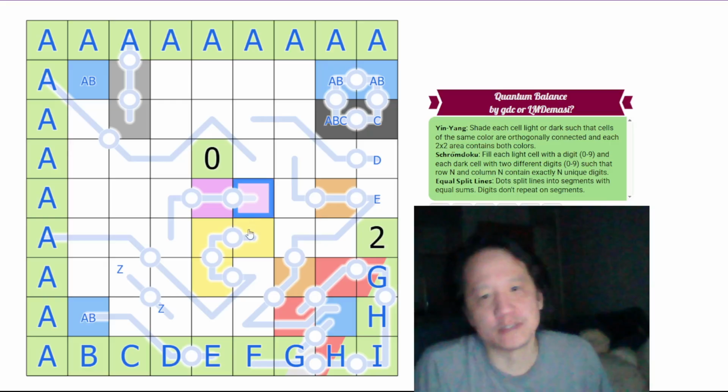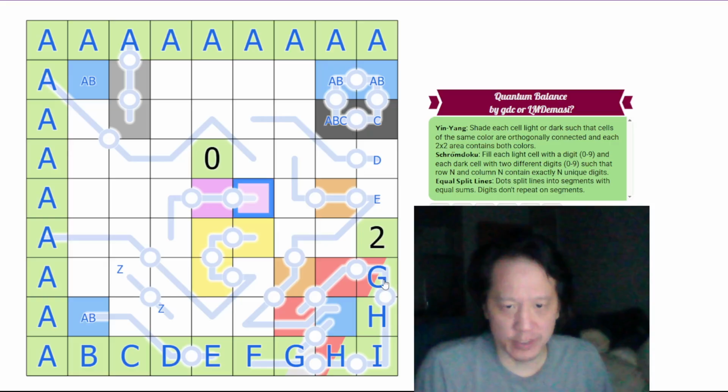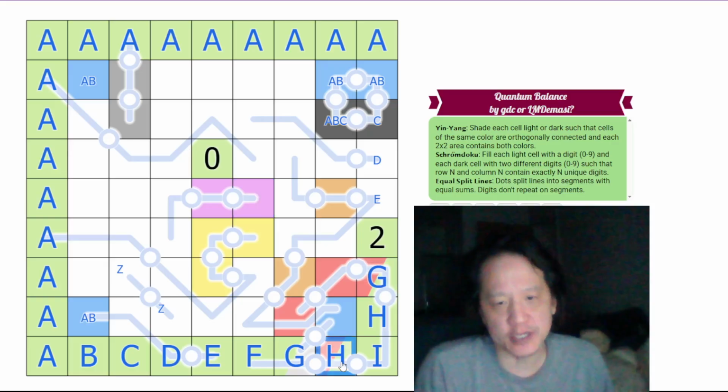This is not possible, because then G would be the same as H, and that's not possible. Okay. That means 1 out of A and B is 0. Right?